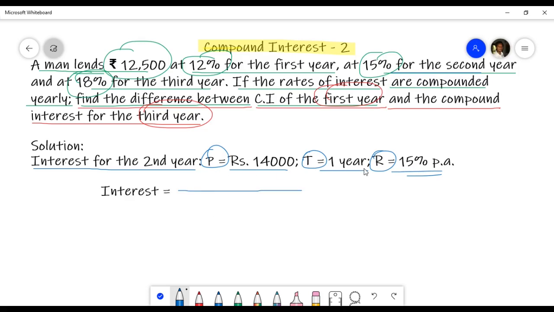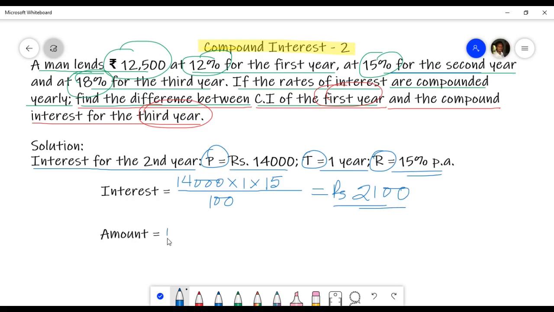Now we just substitute the values of principal, time and rate in the formula to find interest. After we substitute the values and evaluate it, we will get the answer as rupees 2,100. So 2,100 rupees is the interest for the second year.